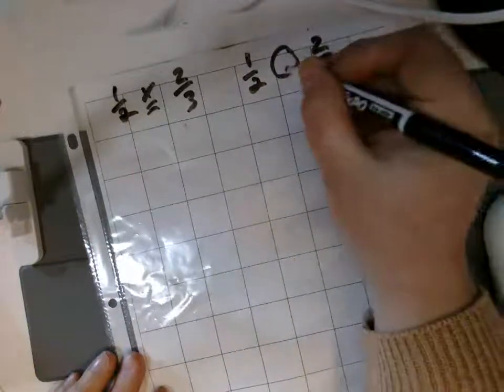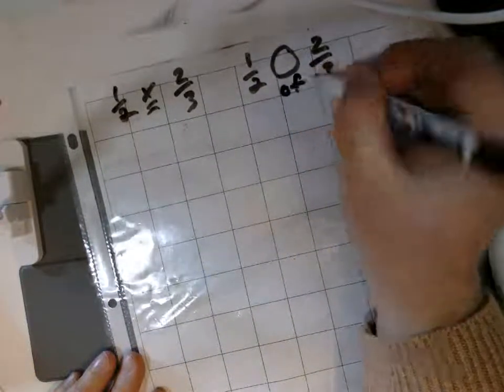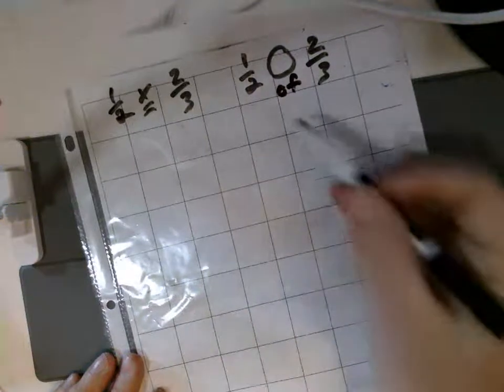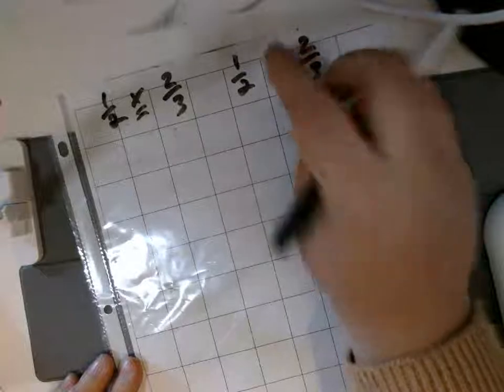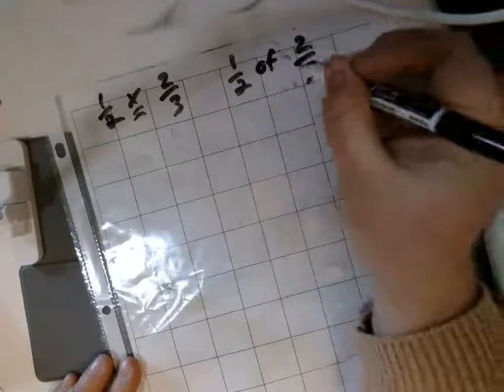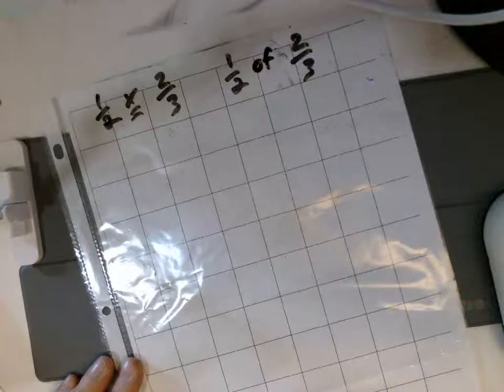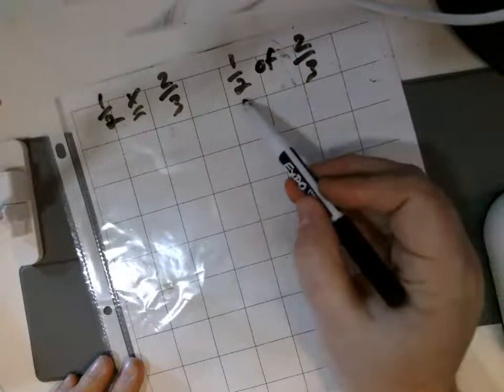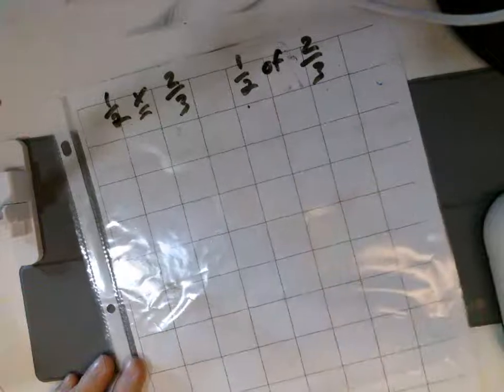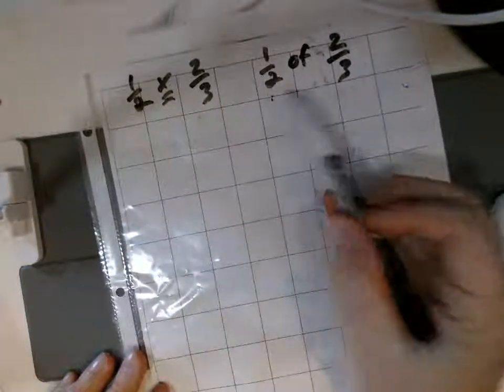All right, I hope you wrote "of". 1/2 of 2/3 is really the multiplication problem we're working on here. Now to draw our whole, we need to look at these denominators.